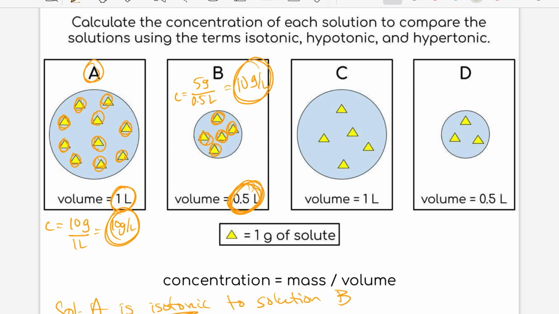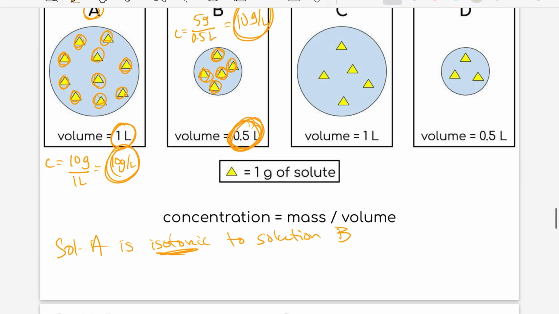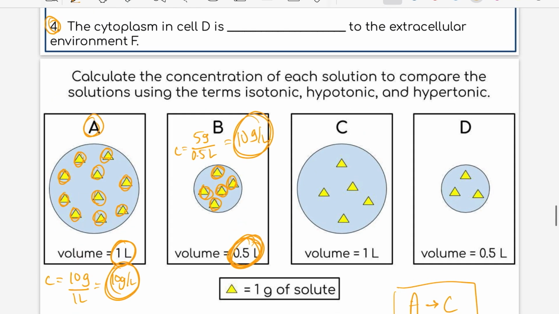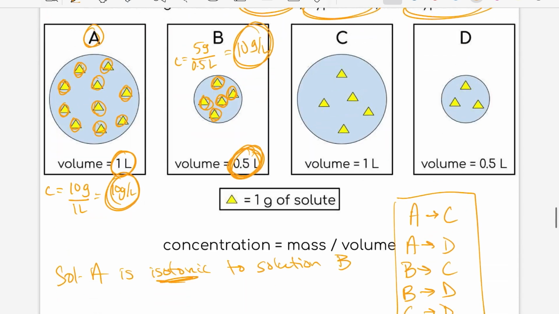So you should be able to compare, and I know that the questions aren't here, but you should be able to compare A to C, A to D, B to C, B to D, and C to D. So you should be able to compare all of those and use the words isotonic, hypotonic, hypertonic to describe that solution.